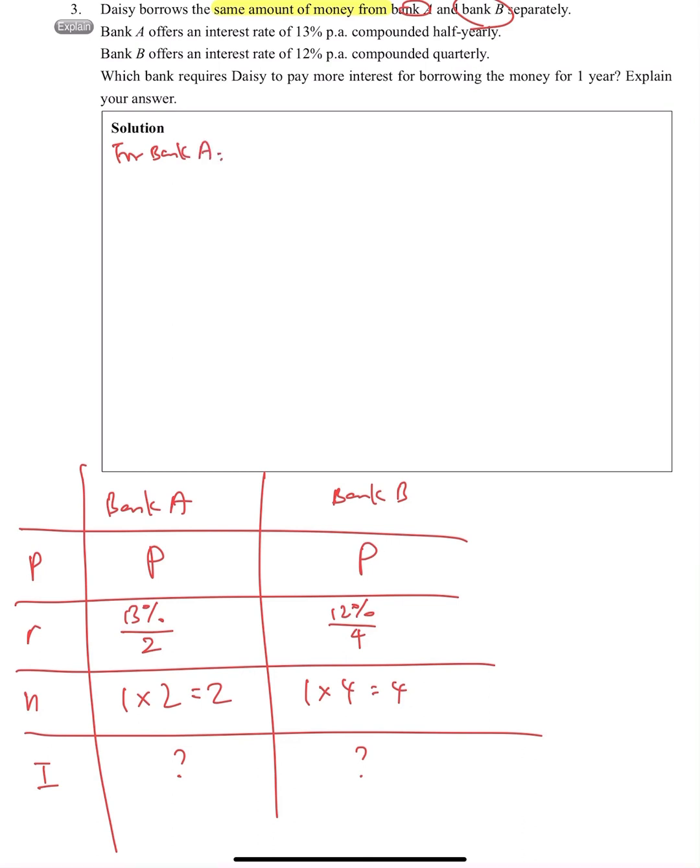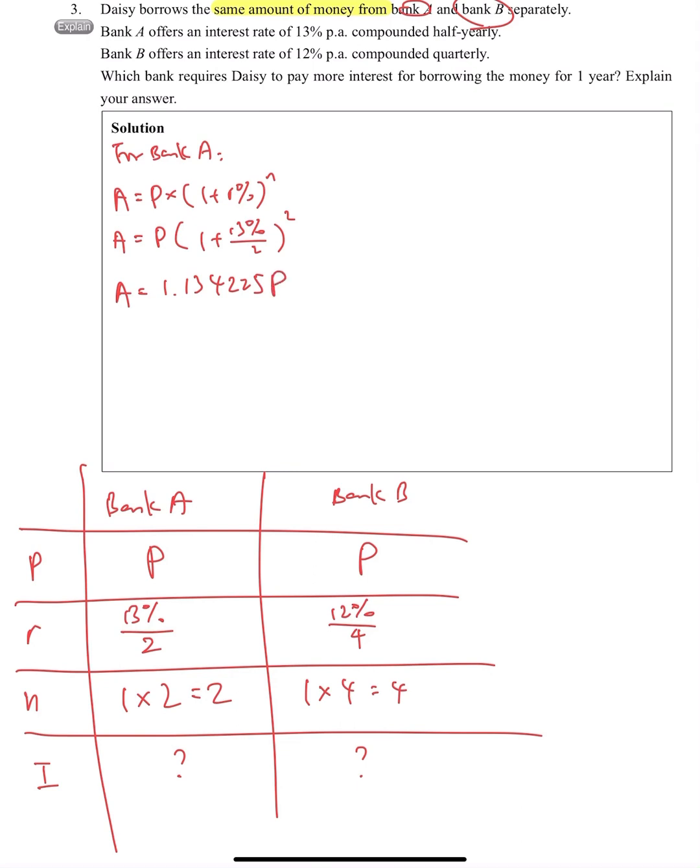For Bank A, we have the amount is equal to the principal times (1 plus r%) to the power of n, isn't it? So the amount is equal to the principal, which is unknown, times (1 plus 13% divided by 2) to the power of 2, so that the amount is going to be equal to 1.134225P.